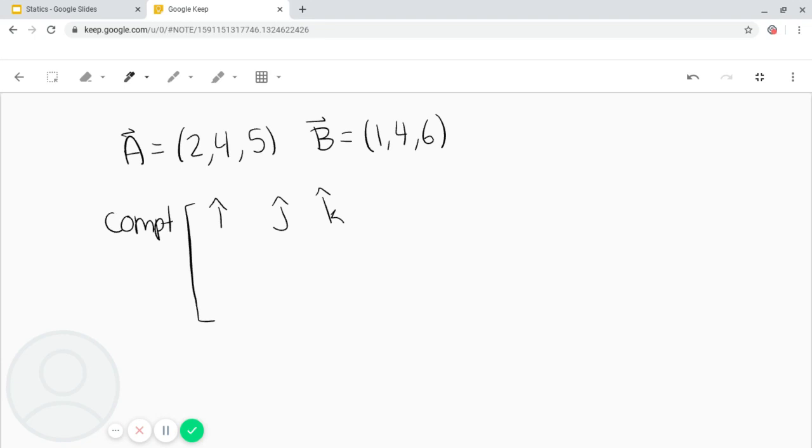So there's the components, and this is A, and this will be B. So A is 2, 4, 5, and then you just line them up like that nicely. And B is 1, 4, 6. So that's what the matrix is going to look like.